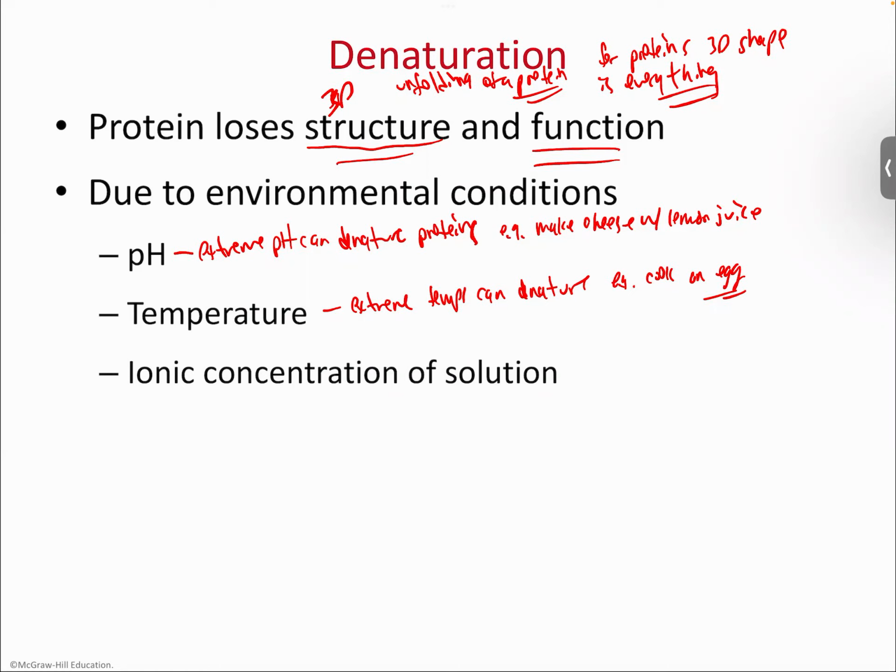So one of the things I always like to run by you, because we're talking about temperature and cooking: you cook an egg, and you denature the protein. I always like to lay this question out there for you to think about, because eggs are interesting, aren't they? You can cook an egg solid all the way through, but how many of you like eggs over easy, where the yolk is runny?